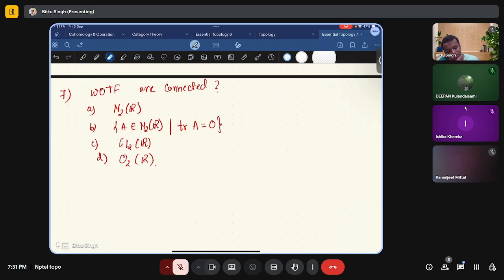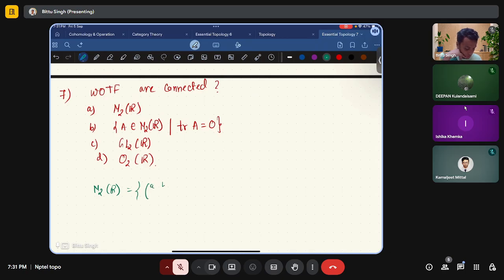Which of the following subsets are connected? So we are considering M2(R). M2(R) means all 2 by 2 matrices, with entries a, b, c, d, where all of a, b, c, d belong to the real numbers. Again, the topology is the usual topology.